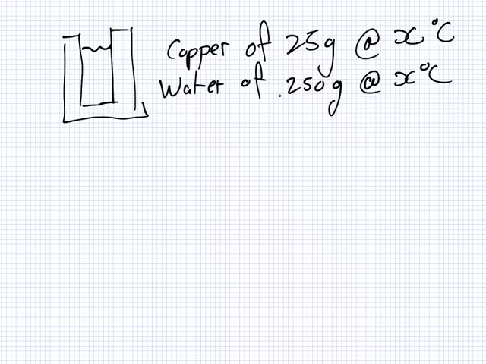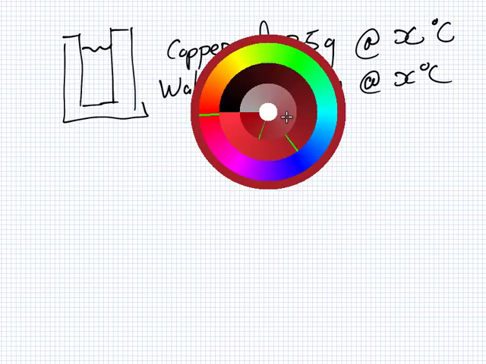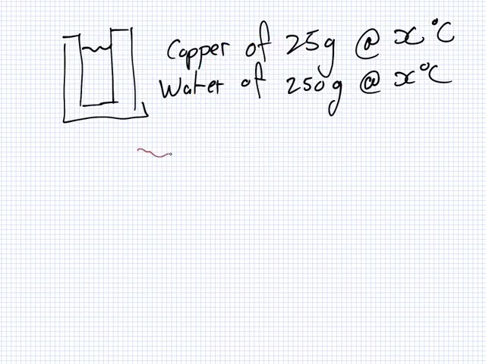Then what you do in the story, I want my colours. Give me a nice red. Yeah, it's not a nice red, but it'll do. Then you heat this up using a 5.5 kilowatt heater.